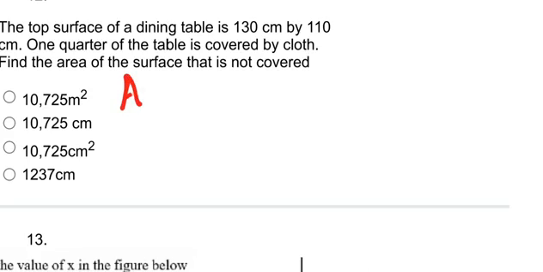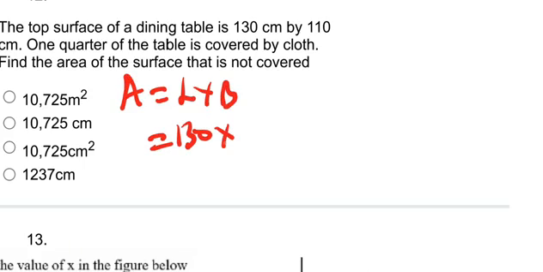So the area of the table is 130 multiplied by 110, and that gives us 14,300.